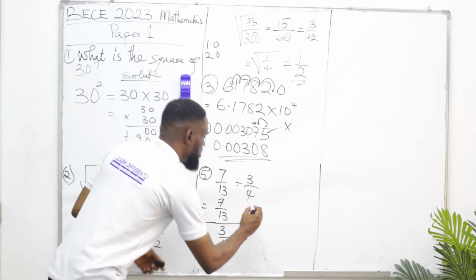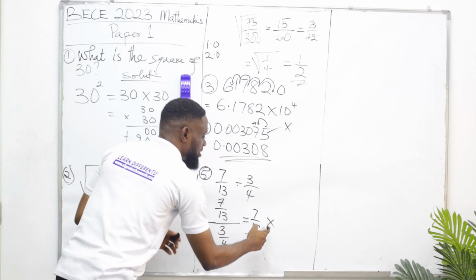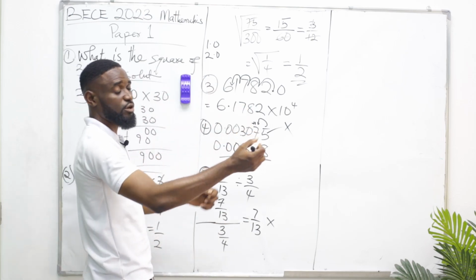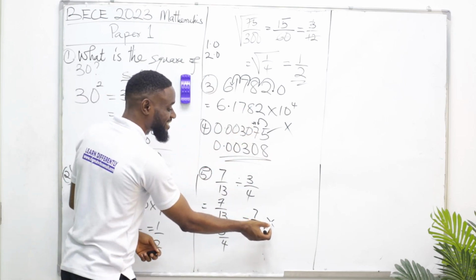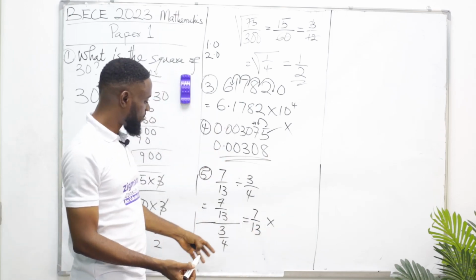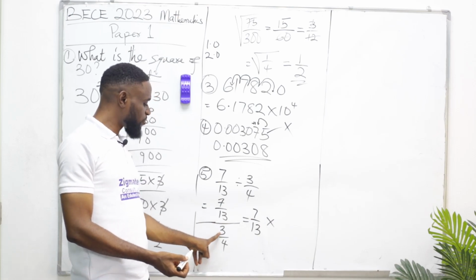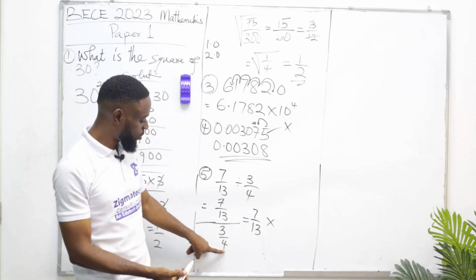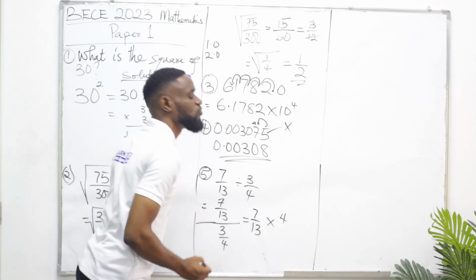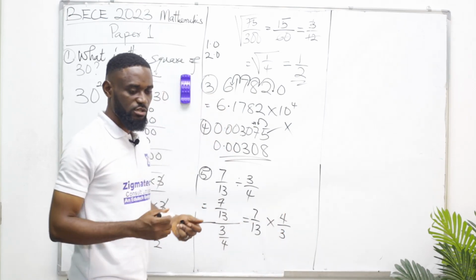So what that will mean is 7 over 13 will now be times, this times is this division that has changed to multiplication. But the consequence of this division changing to multiplication will be that the 3 over 4, the numerator becomes the denominator and the denominator becomes the numerator. So 4 now becomes numerator, while 3 becomes denominator.